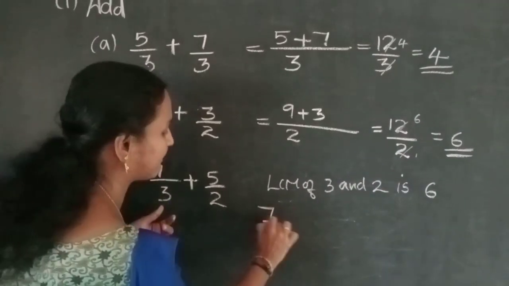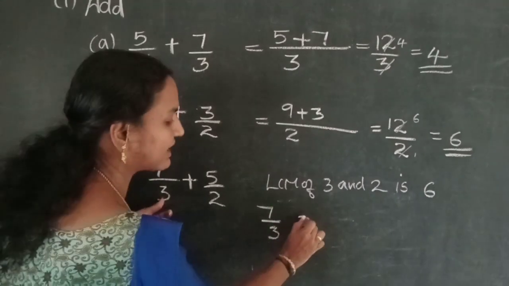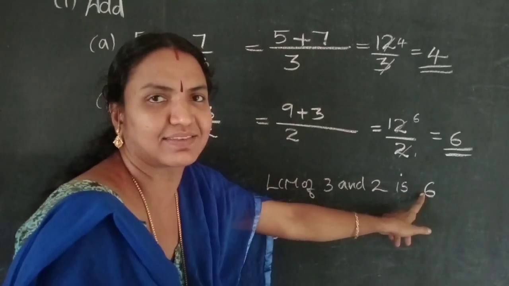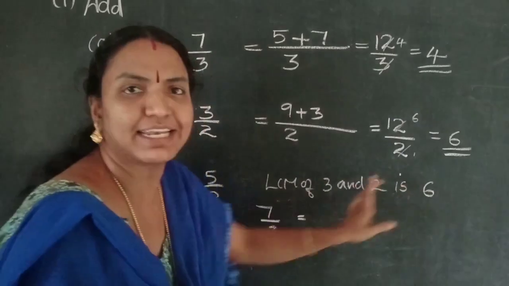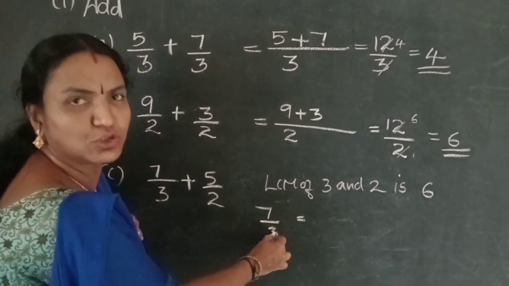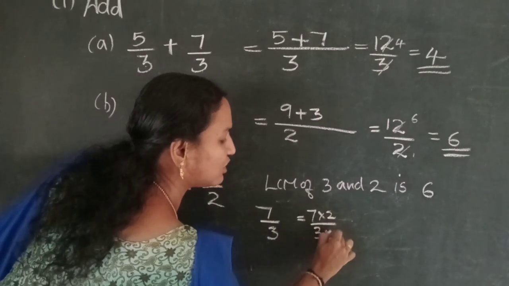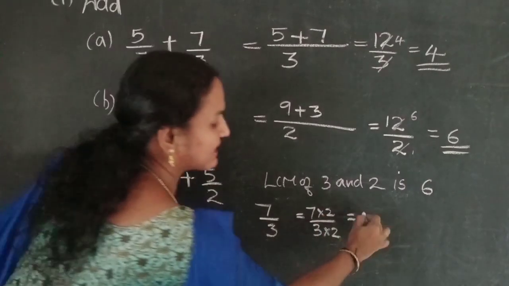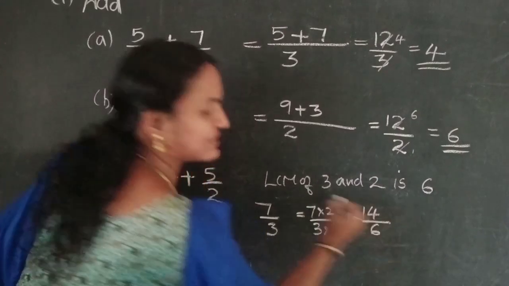So the first fraction, 7 by 3. Here the denominator is 3. The LCM is 6. Multiplying 3 by 2 we get 6. So multiply the numerator and denominator by 2. 7 into 2 divided by 3 into 2 is 14 divided by 6.